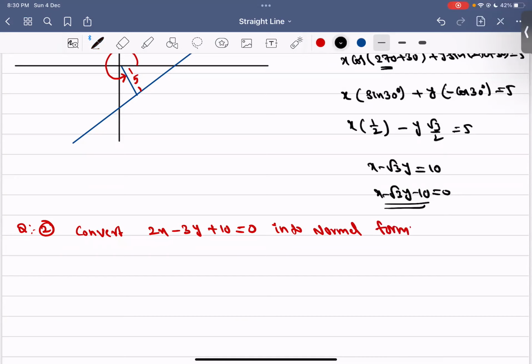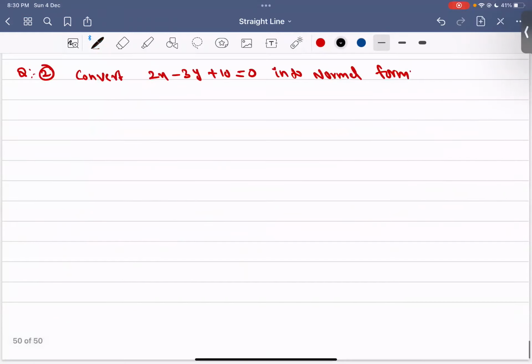This is the general equation of the straight line. At the end I will explain about it. To convert this into normal form, the first step is 2x minus 3y is equal to minus 10.